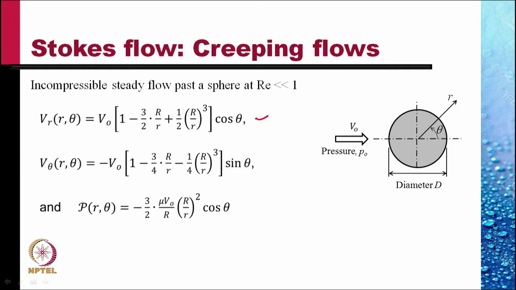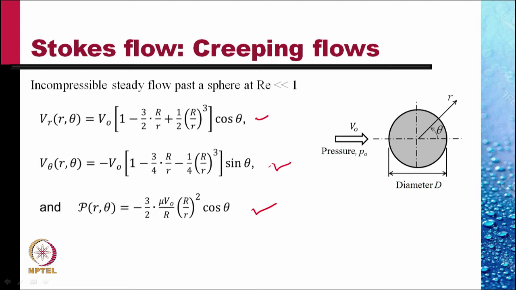The angle theta is measured from the horizontal axis, and r is the position vector. The theta component of velocity is this, and the pressure on the sphere is given by this equation.